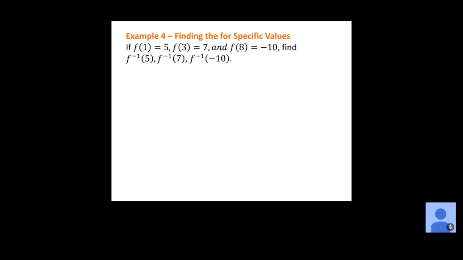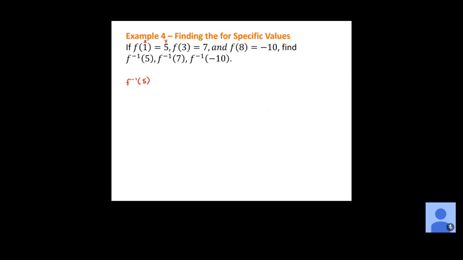All right, so let's take a look at this now. So we're given 3 points: f of 1 equals 5, f of 3 equals 7, and f of 8 equals -10. We want to find f inverse of 5. So if we think about each of these points now, keep in mind that f of 1 means that the x value here is 1, and it corresponds to a y value of 5.